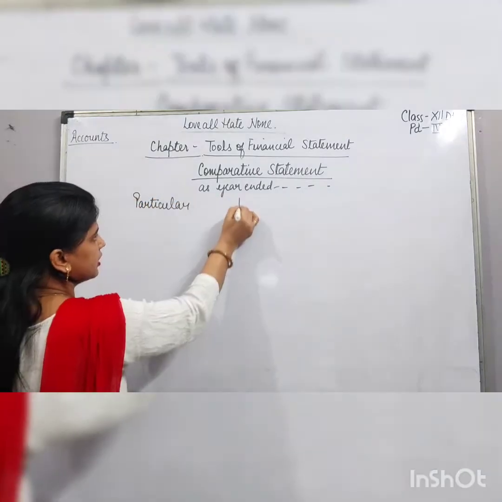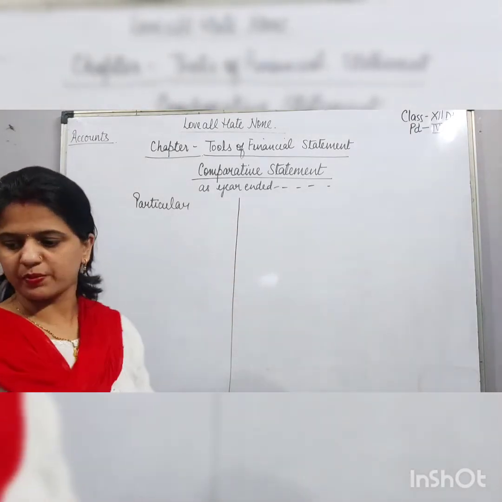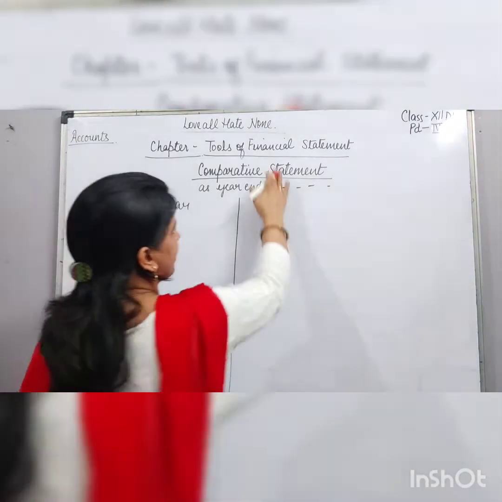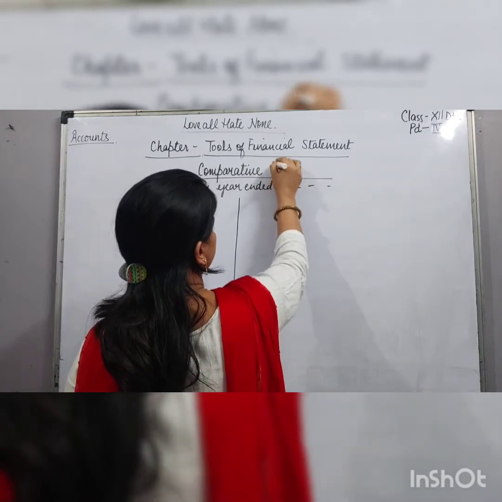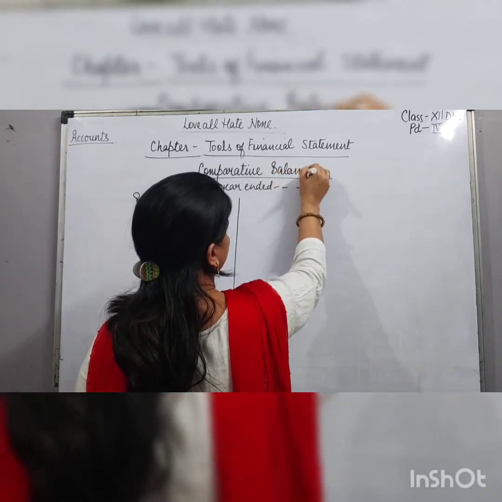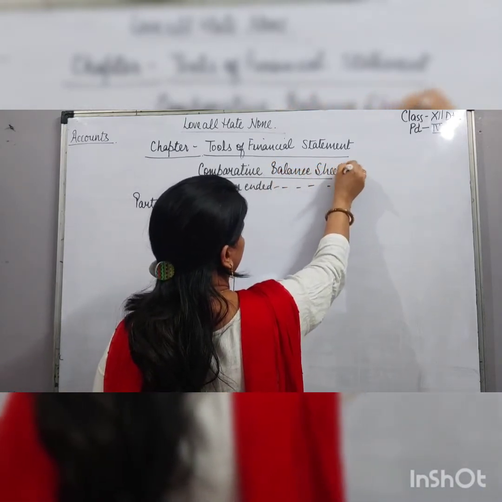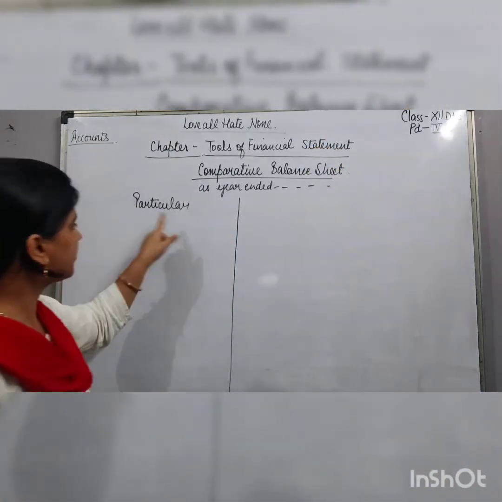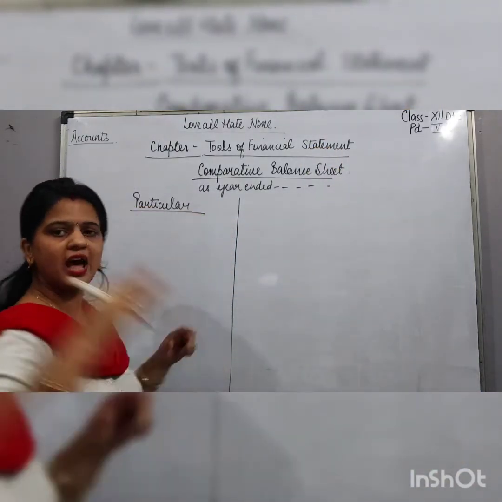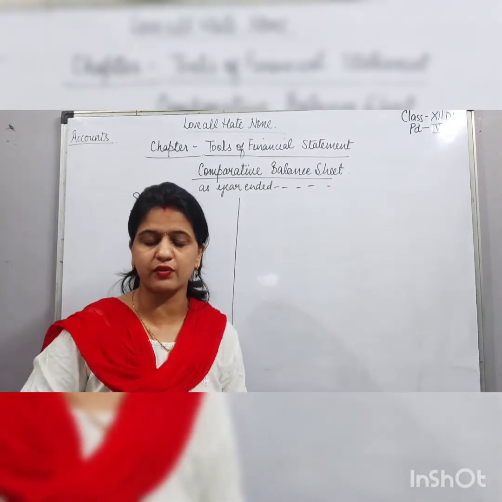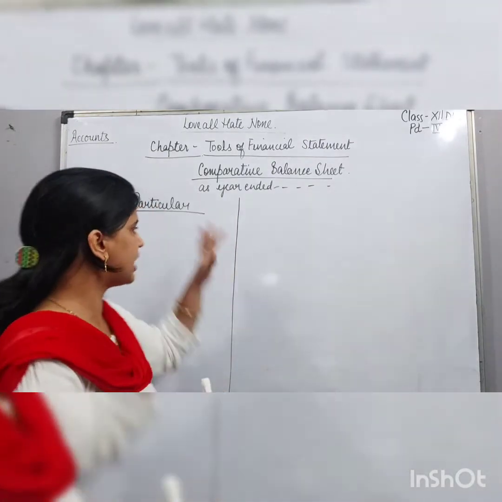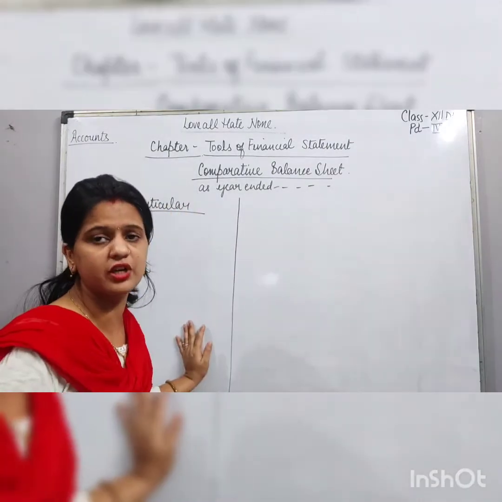If we are going to prepare the comparative balance sheet, then we have to write here comparative balance sheet. So in particulars, we have to write whatever we write in the balance sheet, the items given in your question.